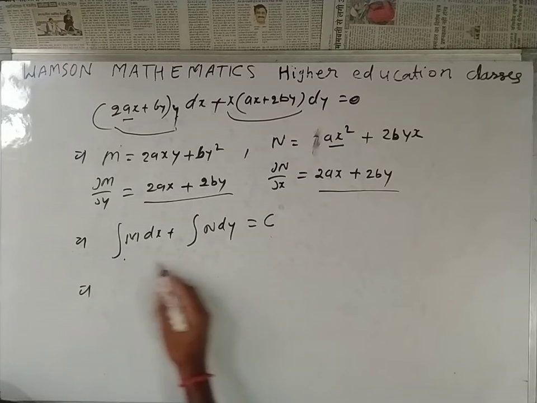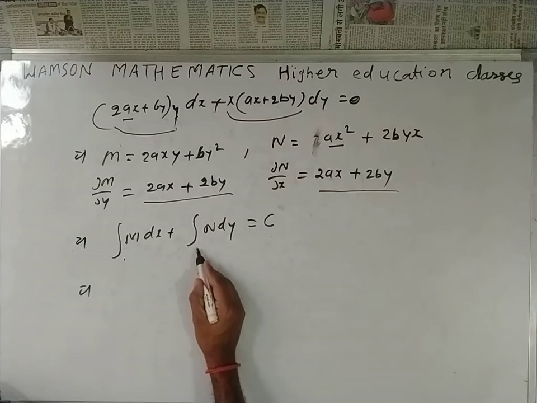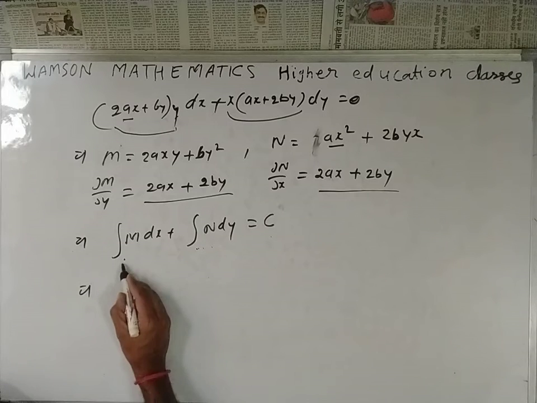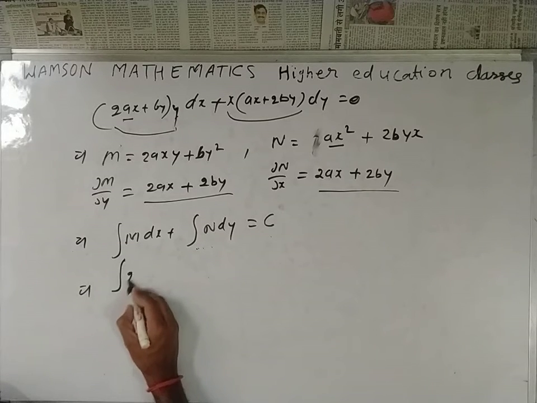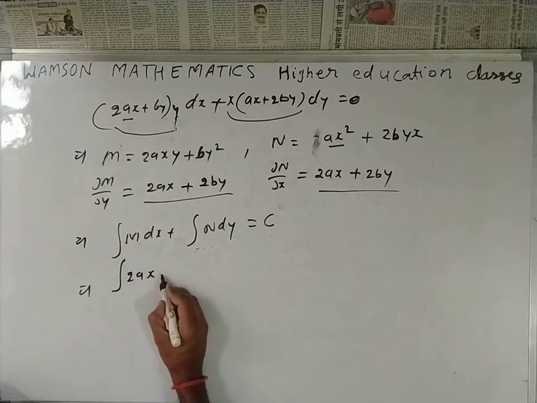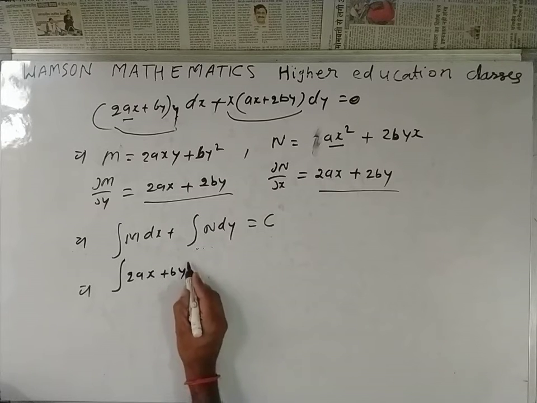Here treat y as constant, and the term not containing x. So now put the value: 2ax plus by.